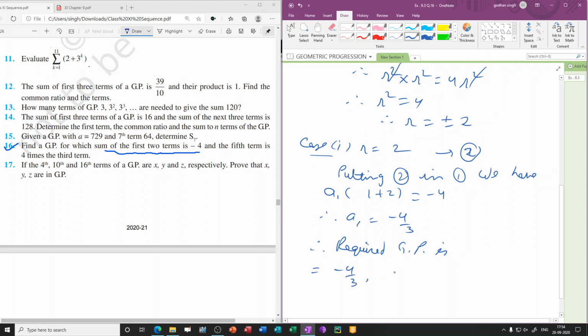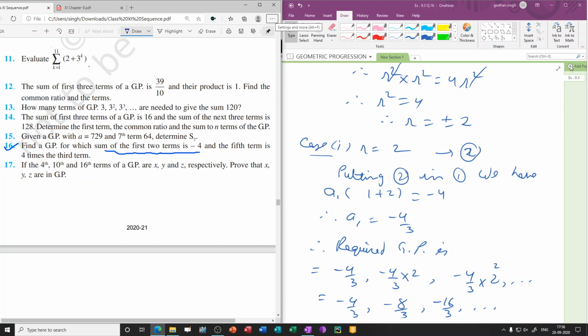Then we'll be having A1R, that is minus 4 by 3 into R is 2, then minus 4 by 3 into 2 square and so on, and that is equal to minus 4 by 3, minus 8 by 3, and this will become 4 into 4, 16, so minus 16 by 3 and so on. So this is our GP in case 1.